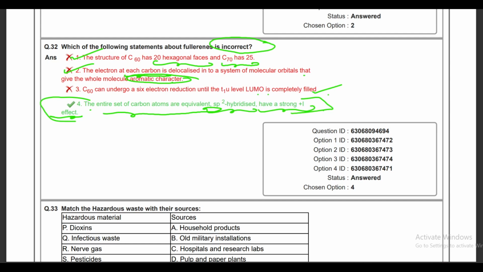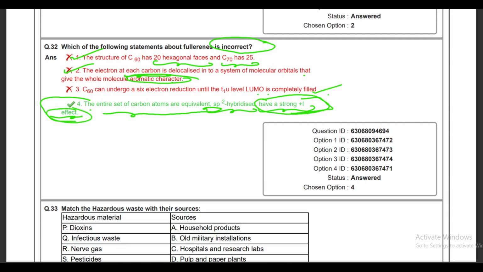What happened here, if we talk about the fourth option: they are providing that the entire set of carbon atoms are equivalent, and each carbon is sp2 hybridized and has a strong plus I effect. While all carbon atoms in fullerene are equivalent, that is correct, and sp2 hybridized, that is also correct, but they don't have a plus I effect as mentioned in the last part, strong plus I effect.